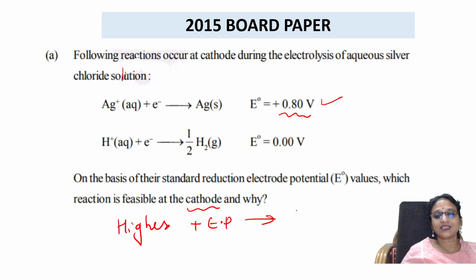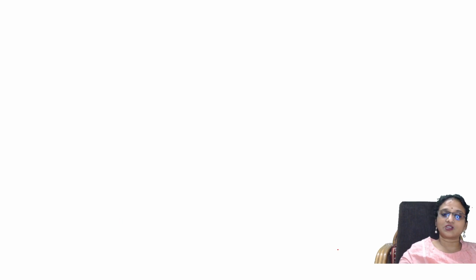We call them standard SRP, because it is E naught value, standard. So higher the electrode potential values means higher the standard SRP values are maximum, and reduction always happens at where? Cathode. Correct, na students?